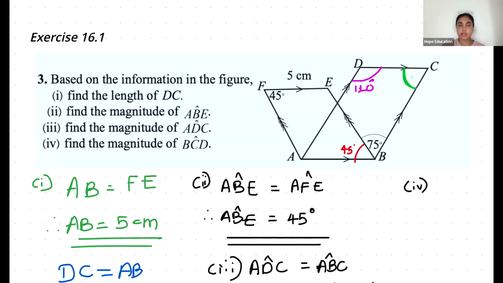Inside a quadrilateral, when you add everything, it's 360. This will also be x, so 120 plus 120 plus x equals 360. Then I can find the x value. That is one method.